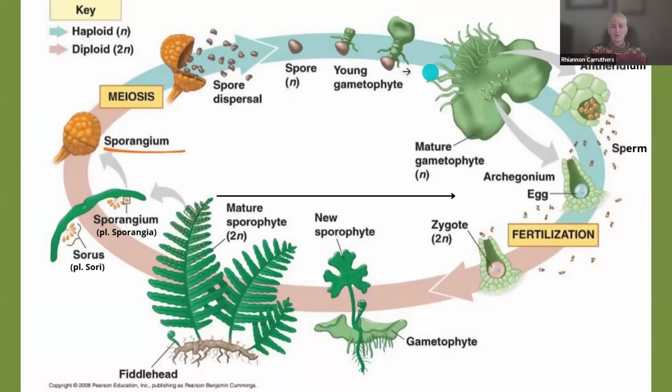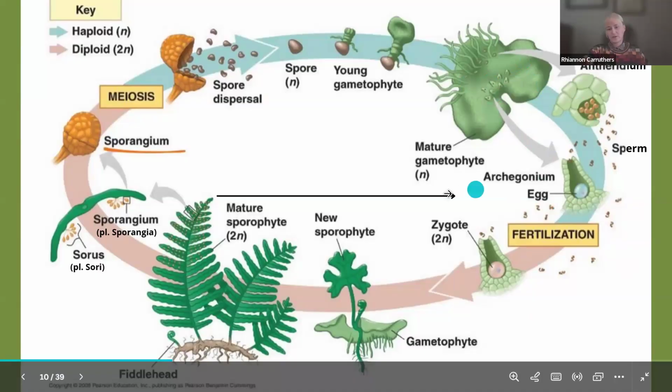So now these are what are called haploid in that they only have one copy of the chromosomes. The spore will grow into a gametophyte. Once the gametophyte is matured, then it is able to be fertilized. Ferns need to grow someplace where it is wet because the sperm does need to actually swim from one gametophyte to another.